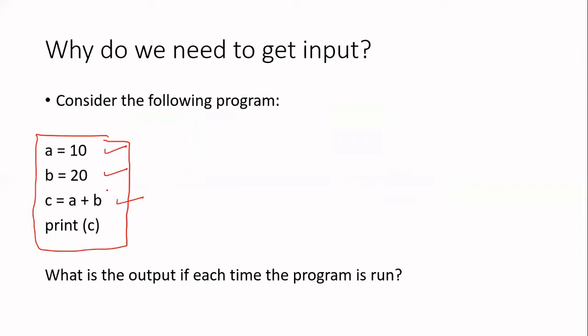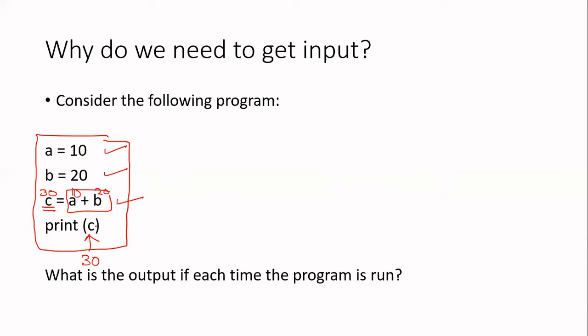Here we are summing up A and B and we're storing the result in C, and we then print the value of C. So the question is, what is the output when the segment is run? Well, that's quite easy because 10 plus 20 is 30. So when you add it up, you're adding 10 and you're adding 20, giving you 30. So when you print, it is going to print 30. So that's what the segment is going to give you.